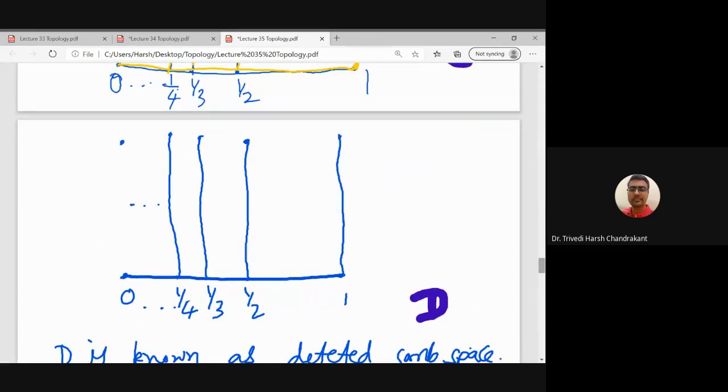So the difference between deleted COMB space and the COMB space is that the points on y-axis we are not taking here, except this particular point, right? So this point is what? This point is basically 0, 1.